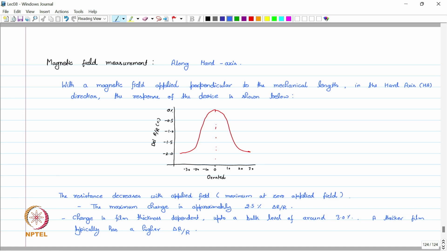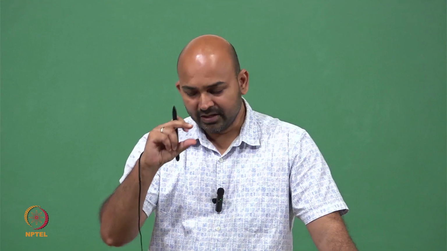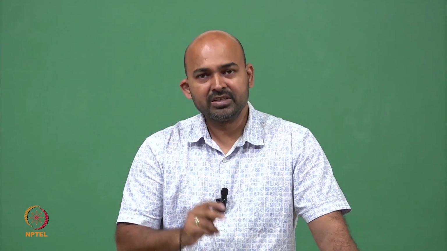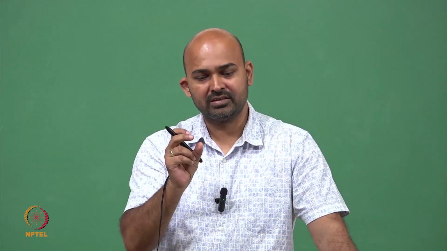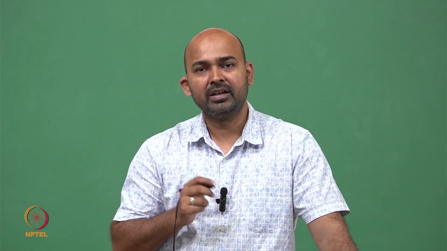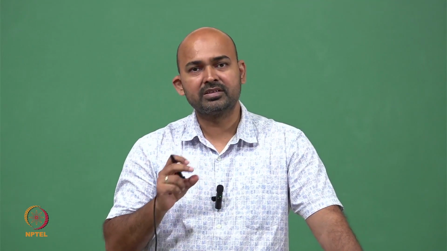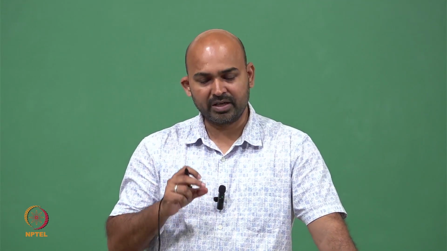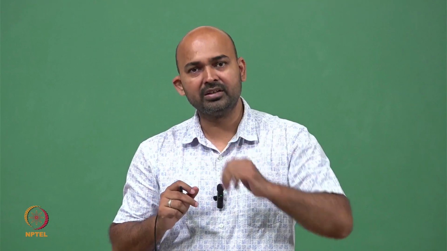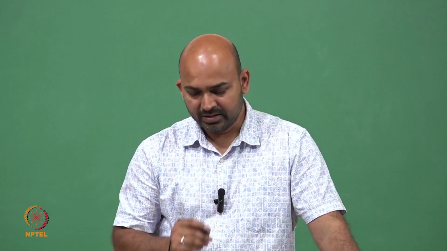This change is also film thickness dependent. If we deposit a thicker film, it typically gives a higher change in the delta R by R. So this change is also thickness dependent, how thick we have deposited this magnetic material.